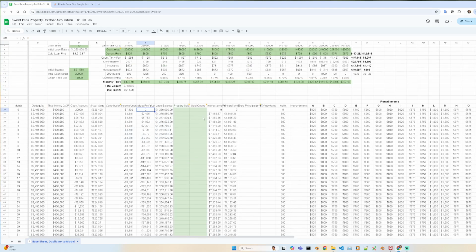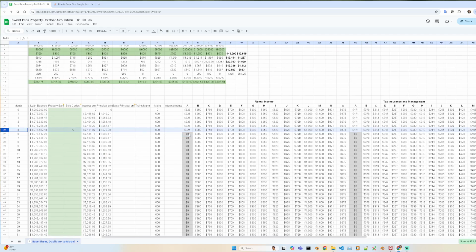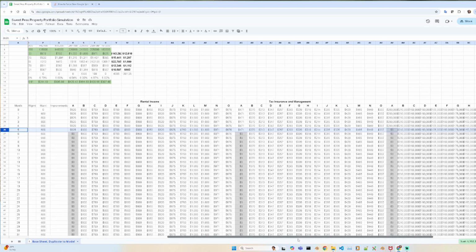Okay, this is where it starts to get cool. If you want to sell a property, you put the code in here, and what that does is zero out the rent. So let's see, we sold it in the 5th month, so you get no rent here, no rent here, no fees here the next month, but you lose your equity right away.